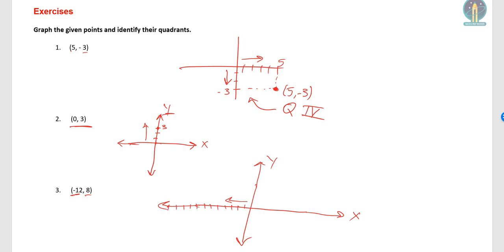And I want 8 on y, so plus 8, I'm going to move up in this direction: 1, 2, 3, 4, 5, 6, 7, 8. And then just draw the intersection. So this is minus 12 and 8, and this is in the second quadrant, Q2, because the x value is negative and the y value is positive.